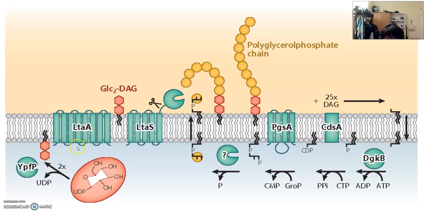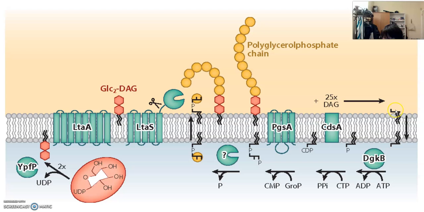Then it's going to be flipped by the LtaA protein to the outer leaflet of the membrane, and then the LtaS protein is going to polymerize the glycerol 1-phosphate chain onto the 2-glucose DAG molecule, and that's going to be repeated until it reaches the desired length.